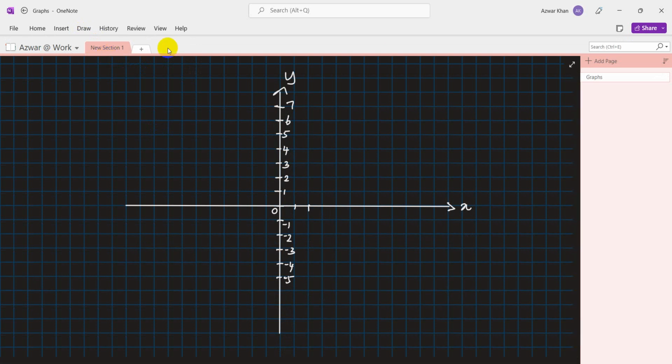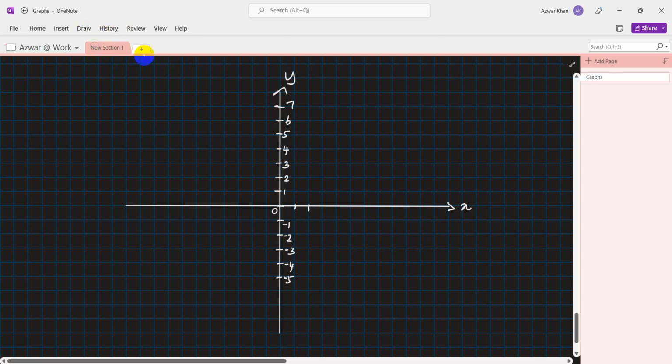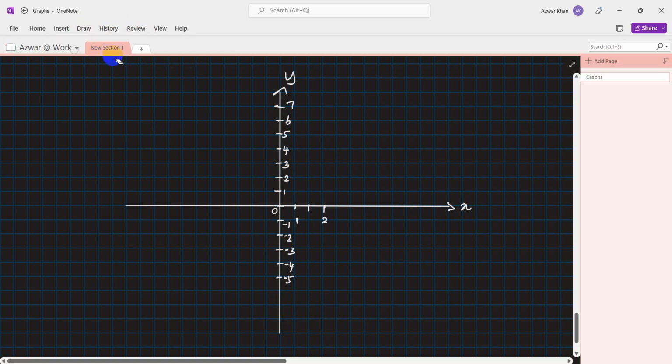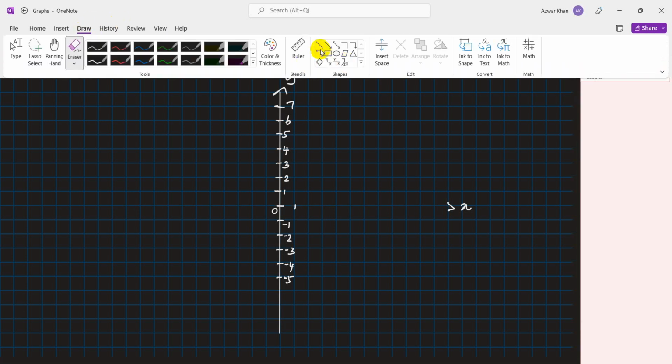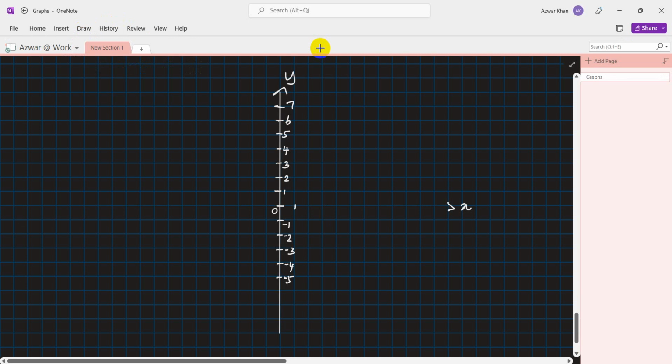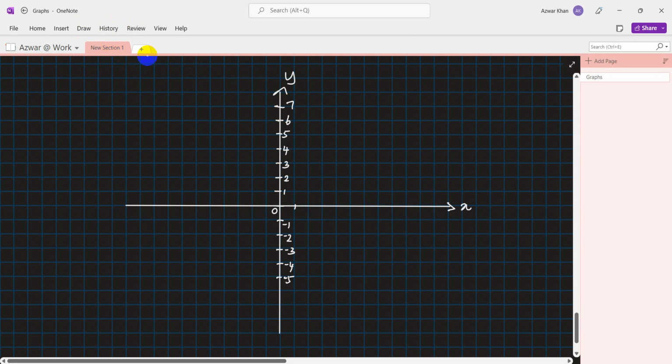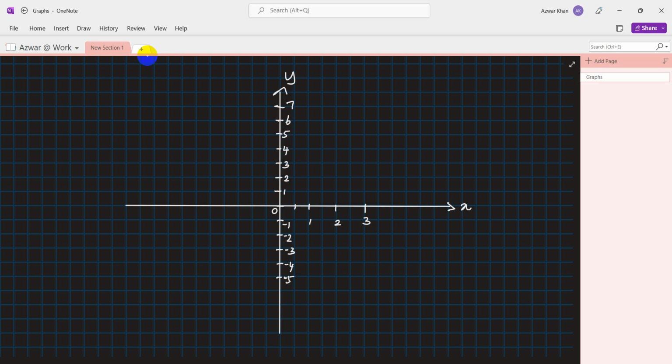So I'll just change the scale over here. So this is my 1. Let's set the scale. So this is 1, 2 and 3. And this is minus 1, minus 2 and minus 3.